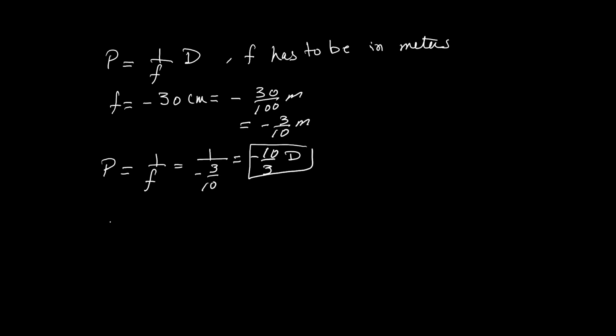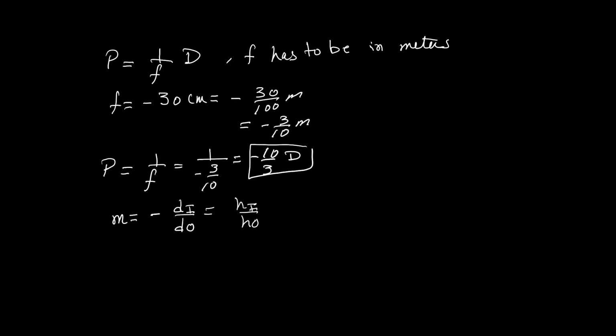And the magnification, M, is negative di over do, and M for a diverging lens is always positive, because di is always negative, and negative times this negative is going to give you a positive. But also, this is given as hi over ho. Both of them are pointing up, so both have the same sign. So M is always positive. Let's solve for hi.